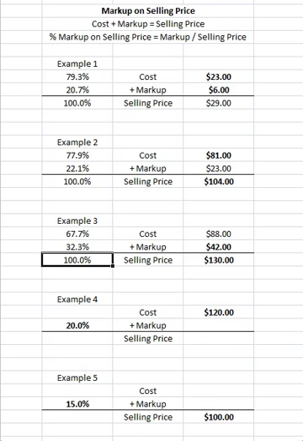Now when we get to example 4, we're told that the cost is $120, percent markup is 20%. Now, what do we know about this? Well, we know that this percent selling price would have to be 100%. So then the cost has to be 80%. Now to fill out anything else, we need to first find selling price.